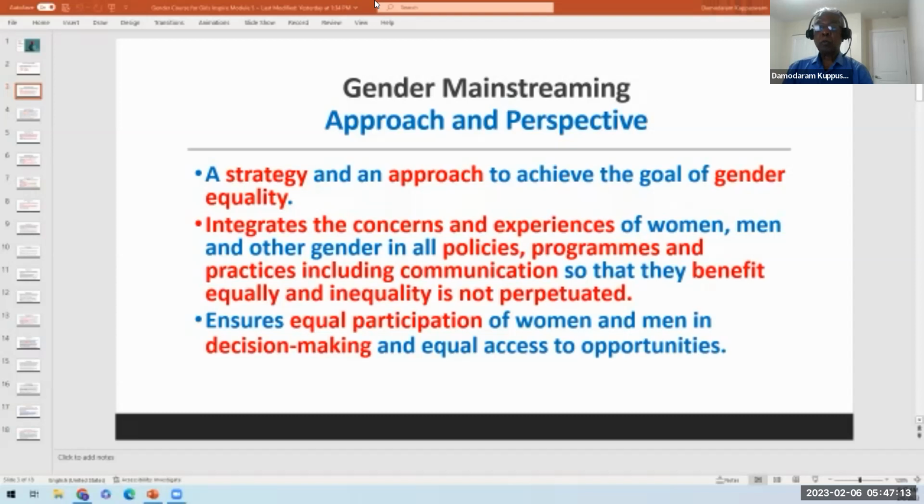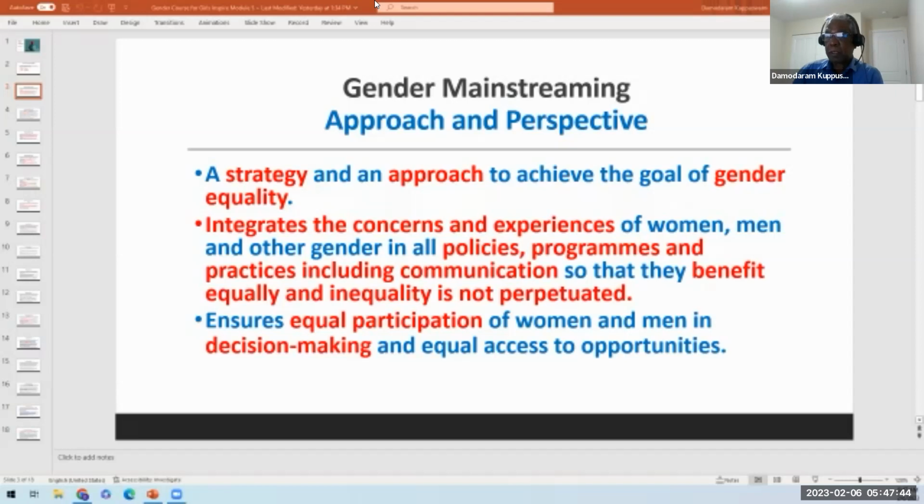So why do we do it? Because we have seen that needs and situations are different for different people. When you integrate the specific needs of different genders, all of them can participate and benefit equally, so that no inequality continues.